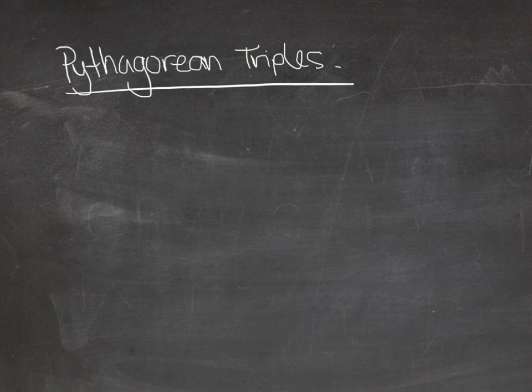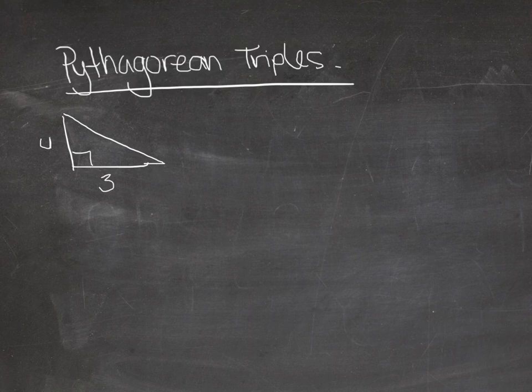Here are some Pythagorean triples that might be useful to memorize. This could help you solve questions quickly, just by recognizing them. One Pythagorean triple is 3, 4, 5. This will satisfy the Pythagorean theorem for a right triangle.